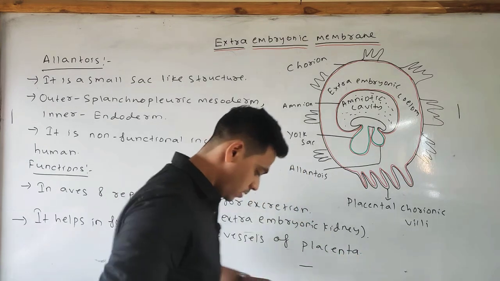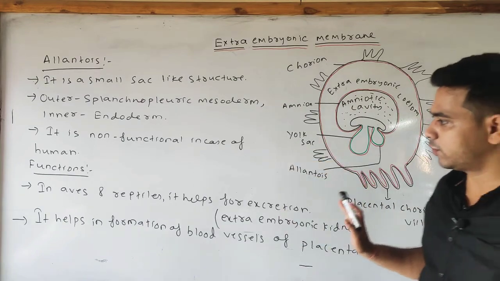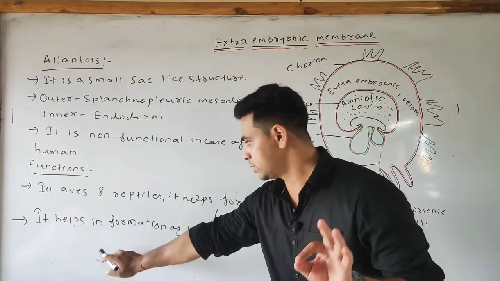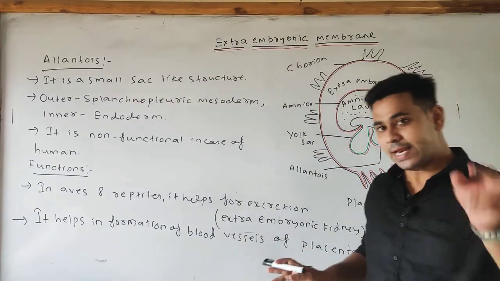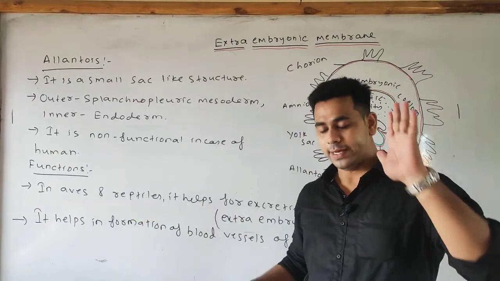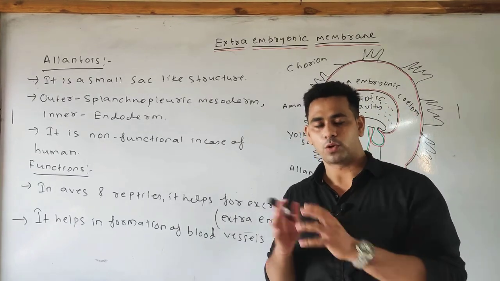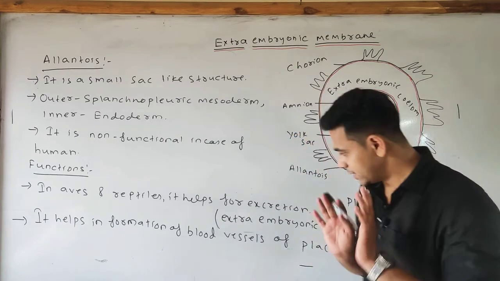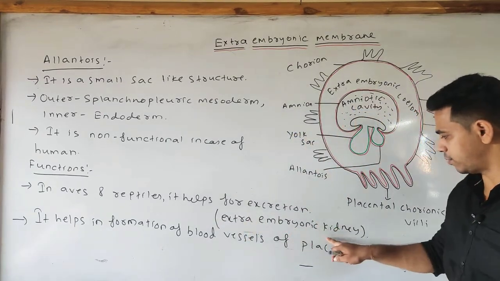Okay. So there are two important functions. First point, it helps in the formation of the blood vessels of the placenta. Second important point is it helps in the case of apes and reptiles. It plays a major role in the continuation of the process of excretion. That is why it is also called the extra embryonic kidney.